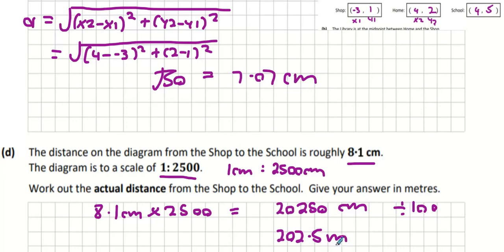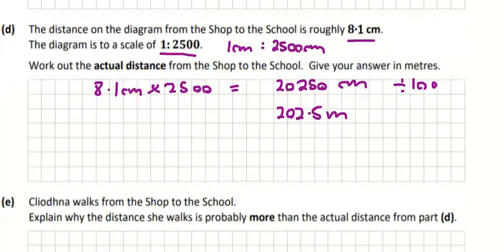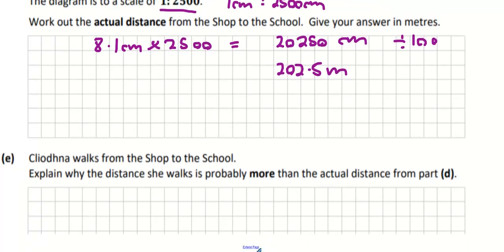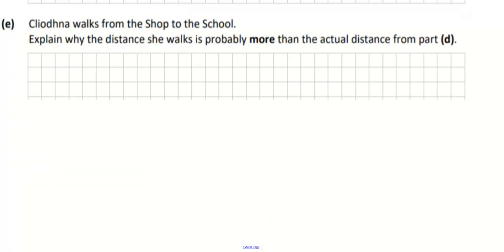Okay, brilliant. Now E. Tina walks from the shops to the school. Explain why the distance she walks is probably more than the actual distance in part D. Well, you have to take into consideration there could be an altitude change. Okay, so there's 2 reasons.